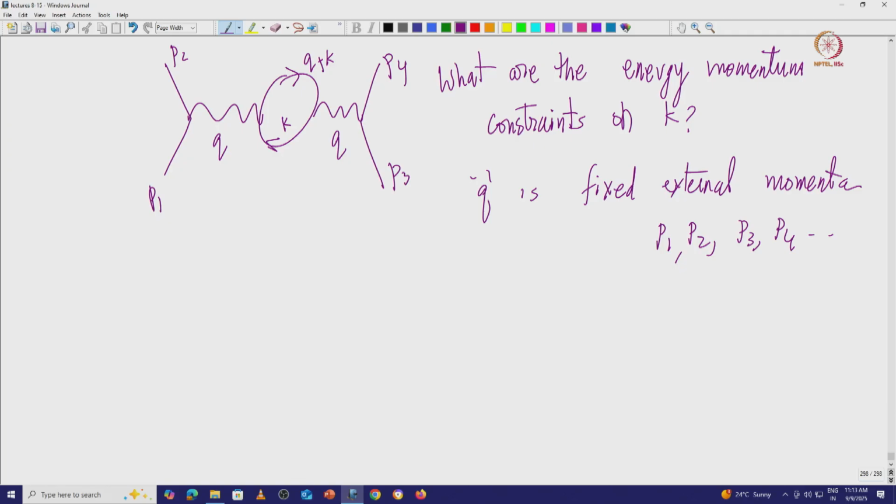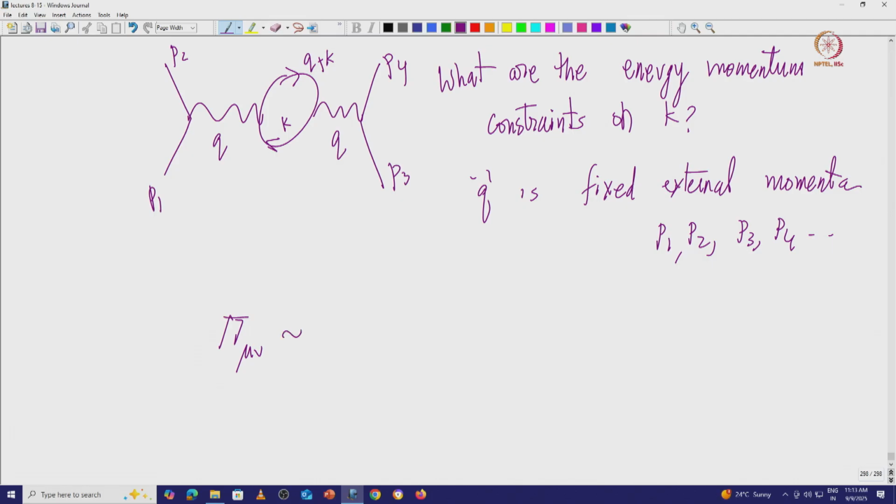If you want to calculate the K part, let me just calculate the K part, forget about the full thing. There is a propagator, the photon propagator.